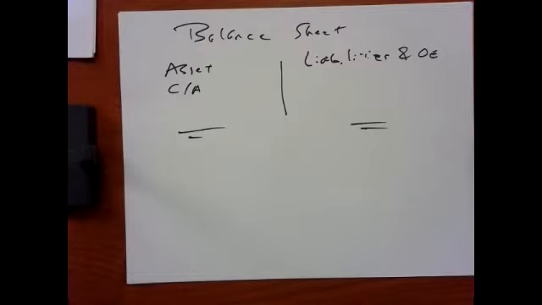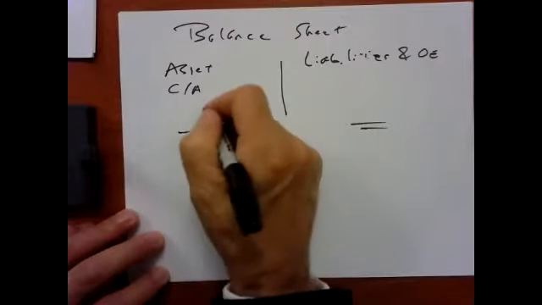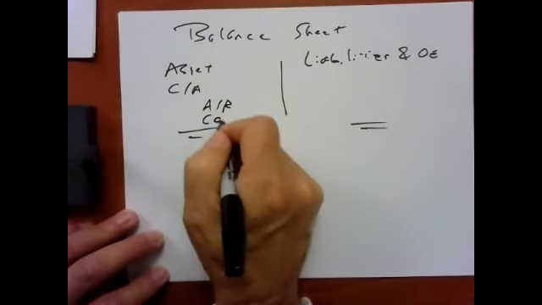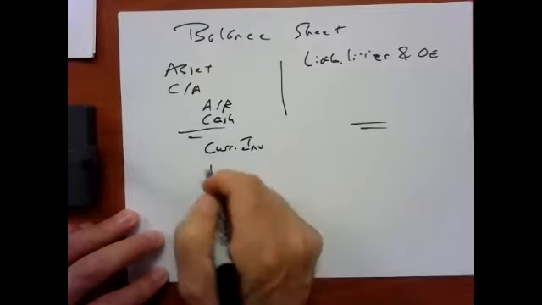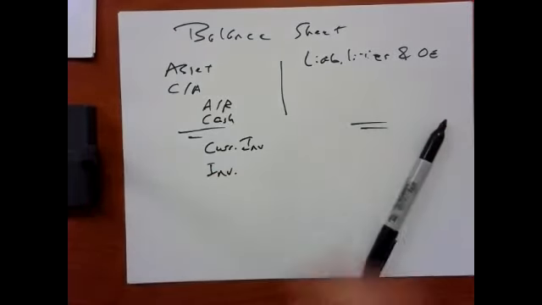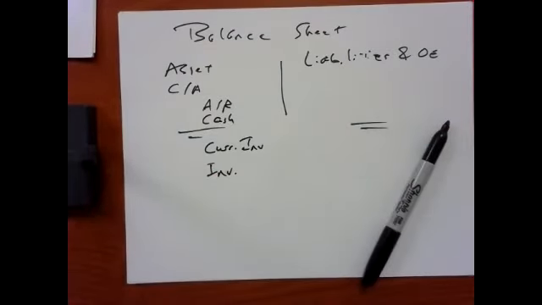So those are examples. We talked about accounts receivable, right? So accounts receivable, these are all our current assets. Accounts receivable, those are the IOUs that we get from AR. I'm going to abbreviate A/R, accounts receivable.